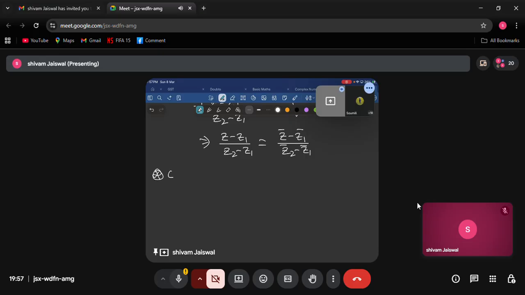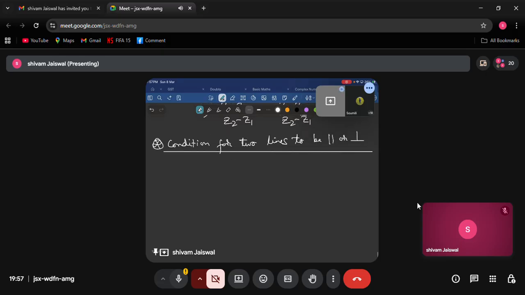Condition for two lines to be parallel or perpendicular. First of all, for parallel, what will happen?